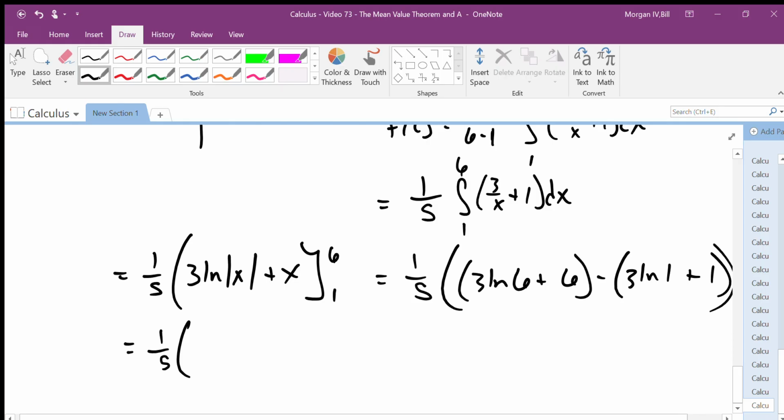3 natural log of 6 is about 5.37, plus 6 should be 11.37, 11.38 maybe. Minus, all right, natural log of 1, we should know the natural log of 1 is 0, so that part's 0, so then it would just be minus 1. That's 1/5 times 10.38.